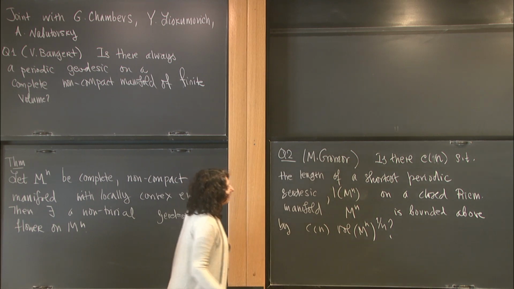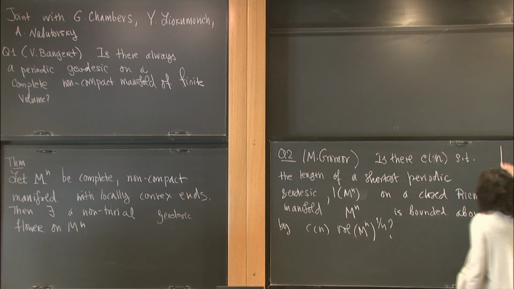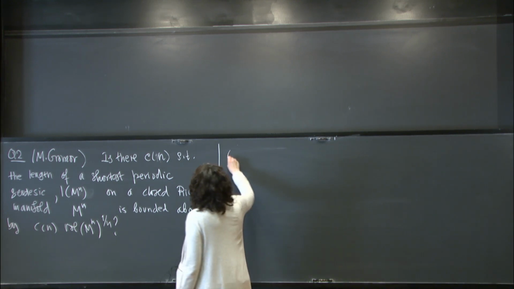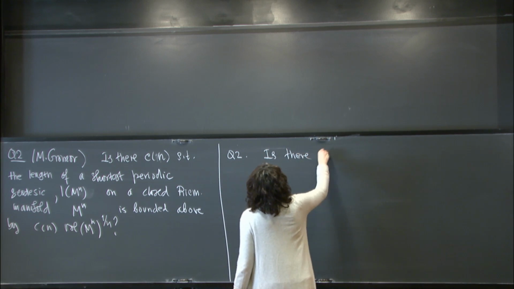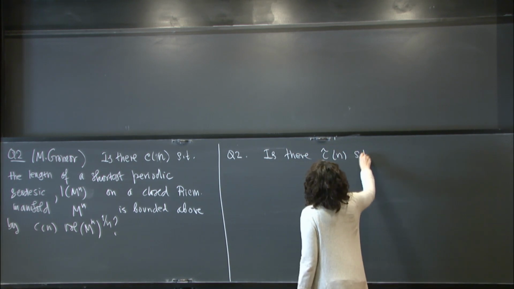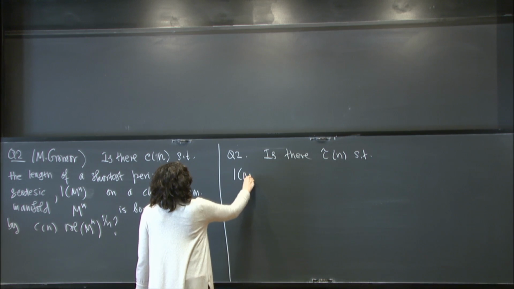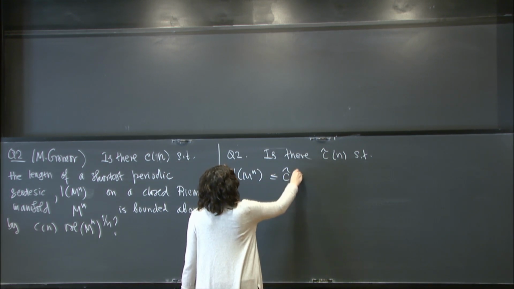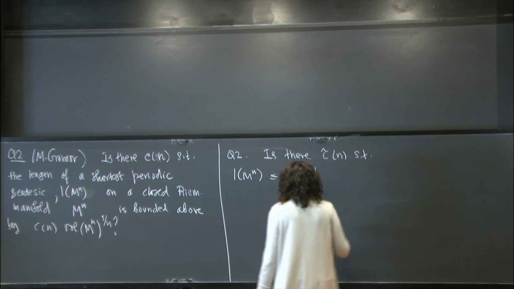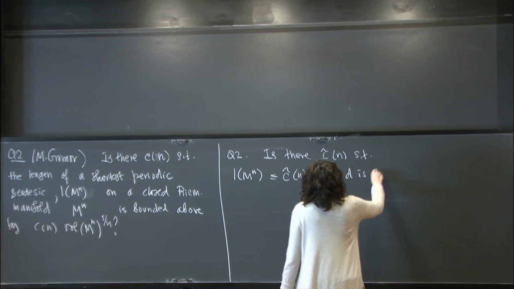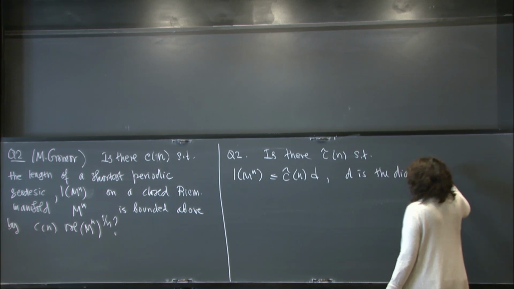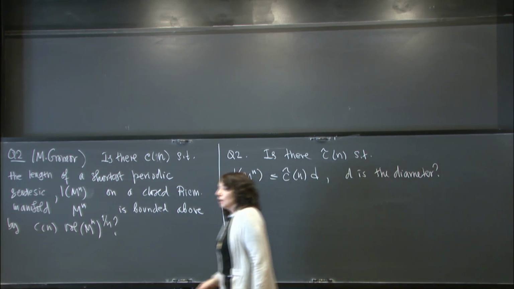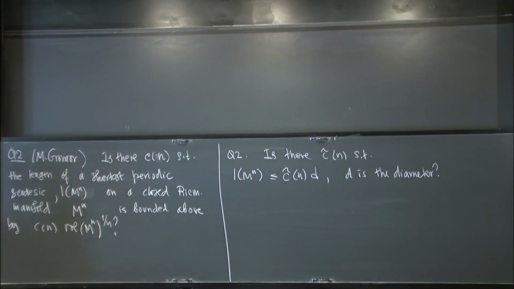And then there is a similar natural question, but in terms of diameter rather than volume. The length of a shortest periodic geodesic is bounded in terms of the diameter. Okay, so those are sort of the questions from which I began my research.